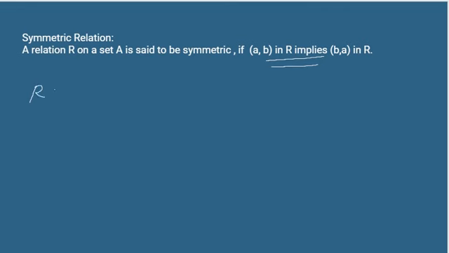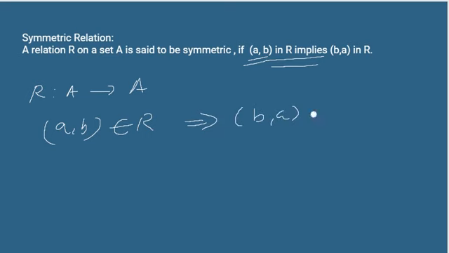Again, a relation is defined on a non-empty set A. What is the condition for symmetry? If (a, b) is an ordered pair in R, then this implies (b, a) also must be present in R. Then only you can say R is symmetric.